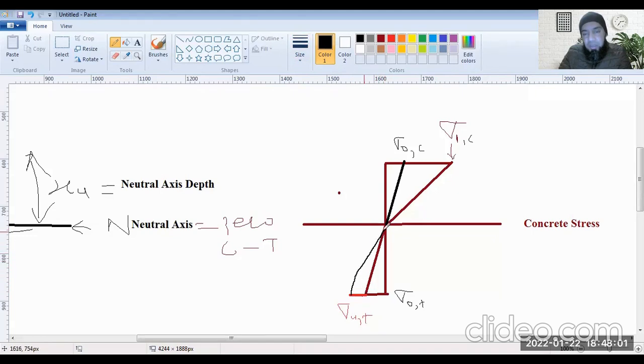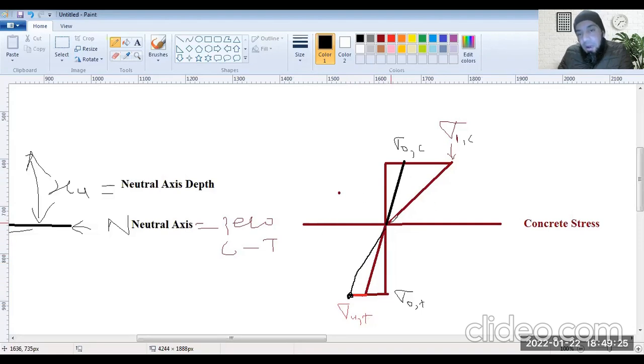Just like the stress strain profile of concrete, its stress diagram would resemble that. This is the ultimate failure point. And this point, because it is the point ut, will follow the stress pattern of the concrete at that point.